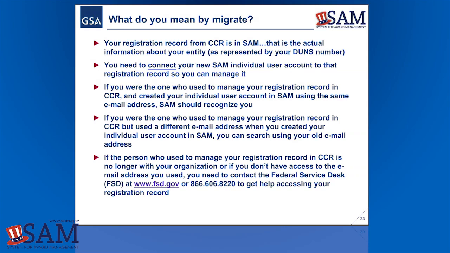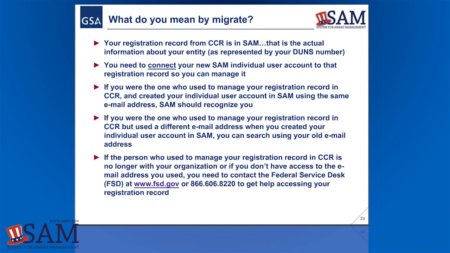You should have permission already to manage that DUNS number registration, and so you would be good to go. If you were the one who used to manage your registration record in CCR, but you didn't use the same email address, that's okay. You can still search for it, and you can connect to your account that way, and I'll show you how to do that.